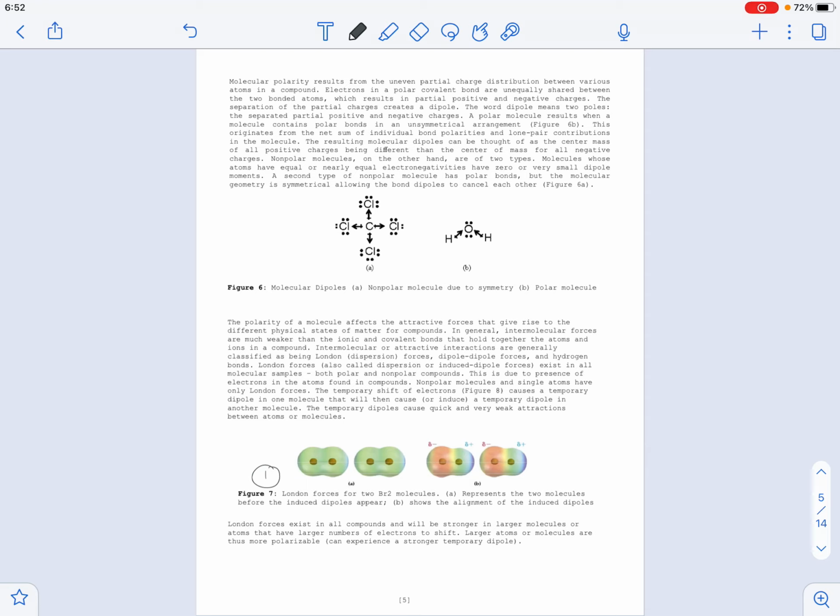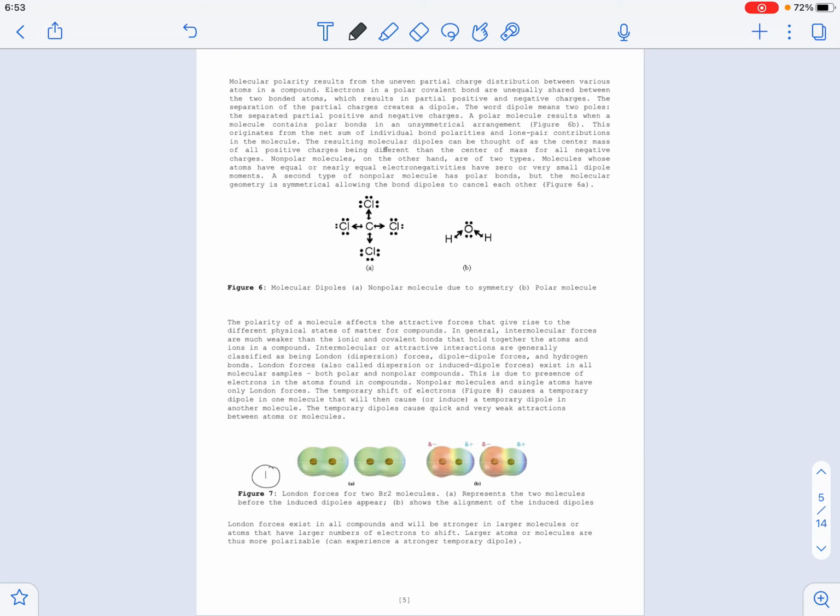If any molecule has electrons, it has dispersion forces, okay? But understand that this dipole that is created in nonpolar molecules is temporary. It's just because of electron movement. So understand that it is not permanent, okay?